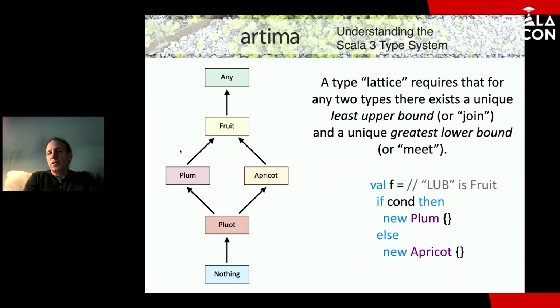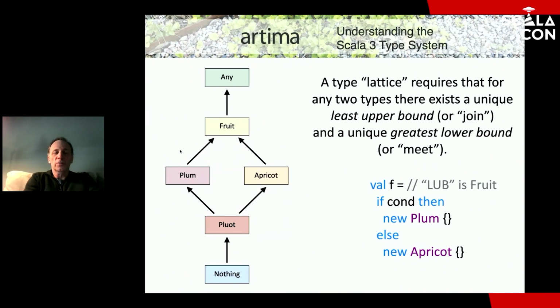And it is initialized with an if expression where the then side has type plum and the else side has type apricot, right? So the Scala compiler has to figure out the type of f, and the way it does it is it computes the least upper bound of plum and apricot, essentially. It finds the lowest common supertype. So if you look over in the hierarchy on the left, the lowest common supertype of plum and apricot is fruit.